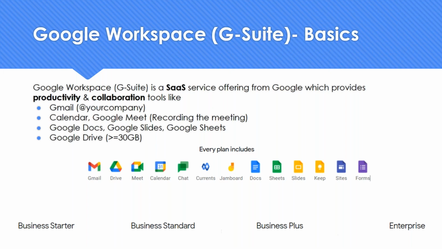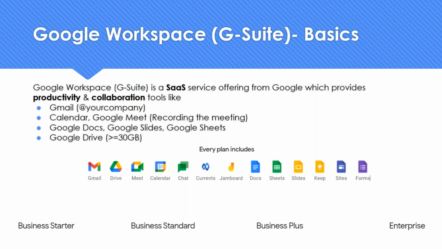So Google also provides a collaborative environment where you can use Google Meet, Google Calendar, Google Docs, and the slide which you are seeing is rendered from Google Slides only, which is equivalent to your PowerPoint, Google Spreadsheet equivalent to your Microsoft Spreadsheet, and OneDrive, which is in Microsoft, in Google it's called Google Drive.